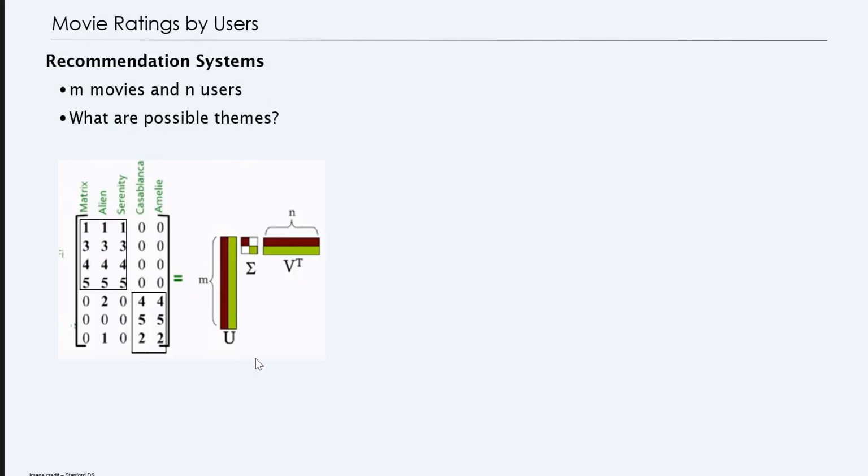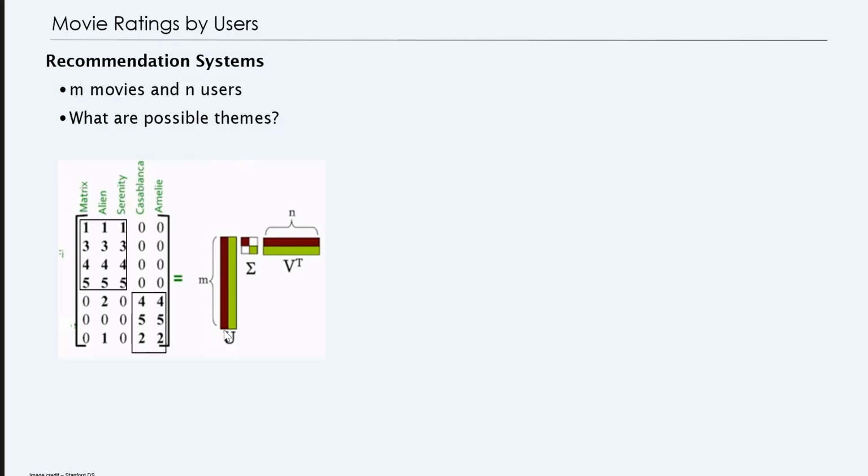So in this example, we take a movie rating matrix where rows are the users and columns are the movies. And we can do SVD on this matrix. And we'll get three matrices, U, S, so sigma in this case, and V transpose.